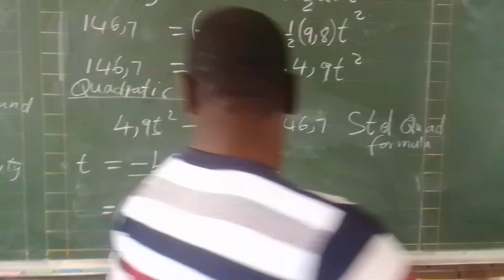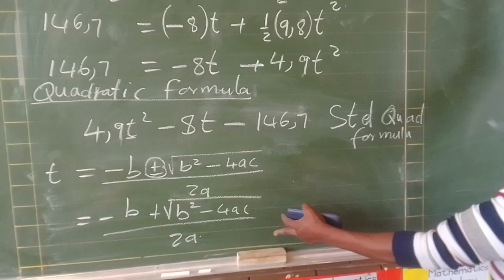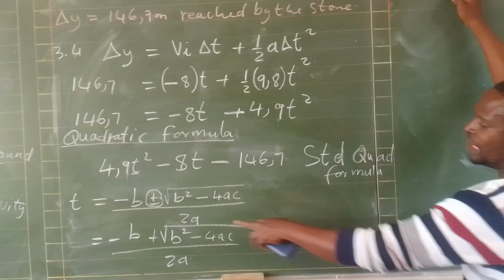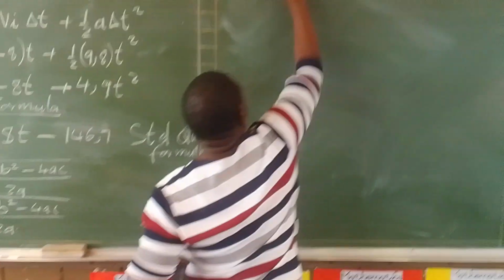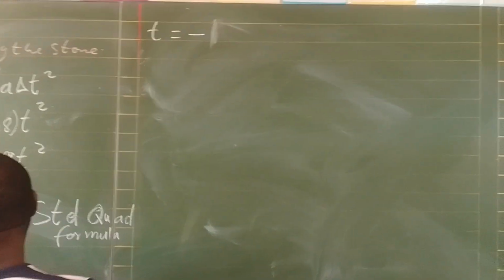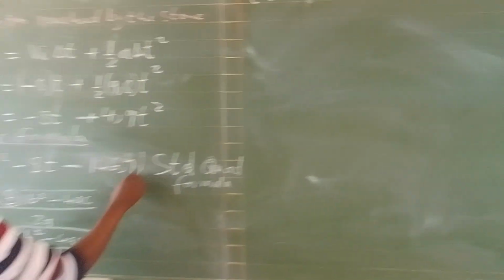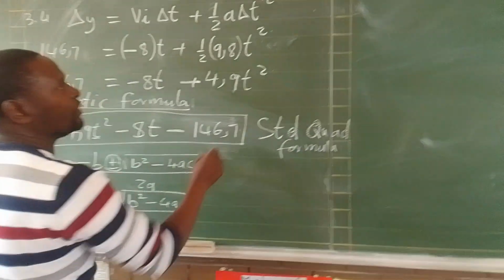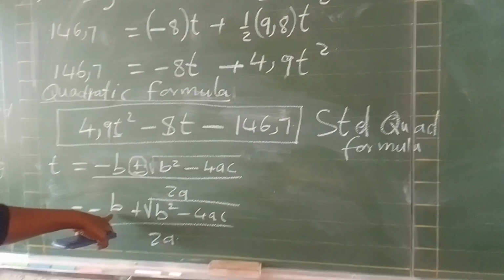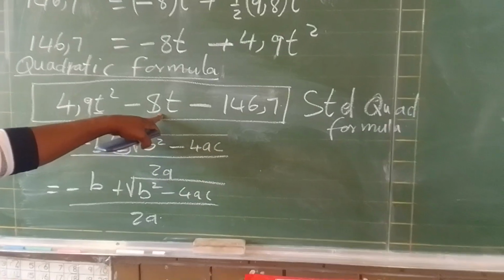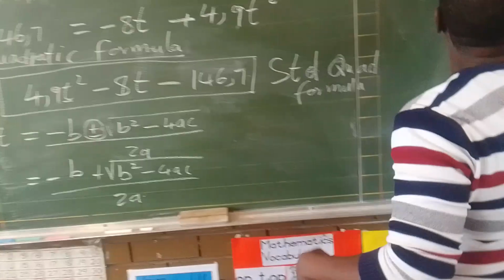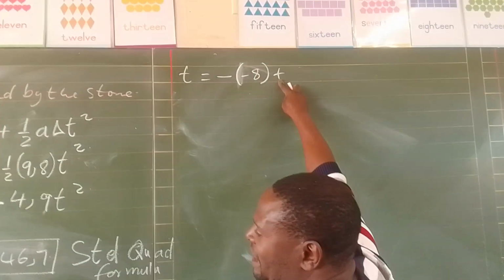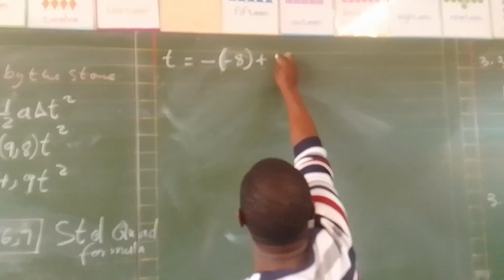To calculate our time, we are going to substitute b. What is b in our standard equation, in terms of a, b, and c? Our b is minus 8. So the plus or minus part has been removed, it's only plus.